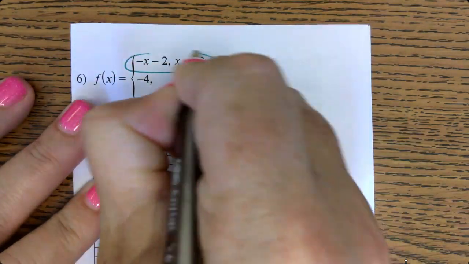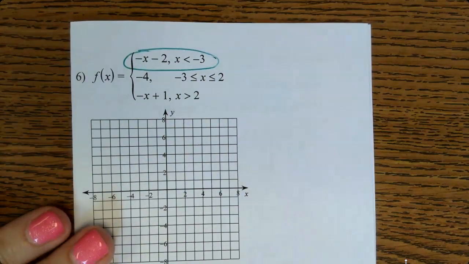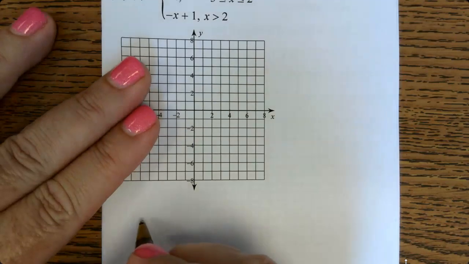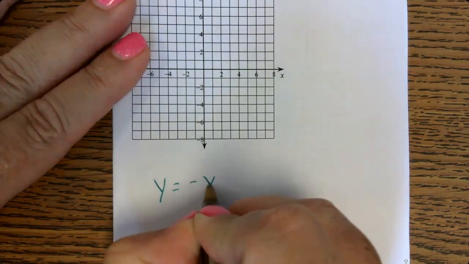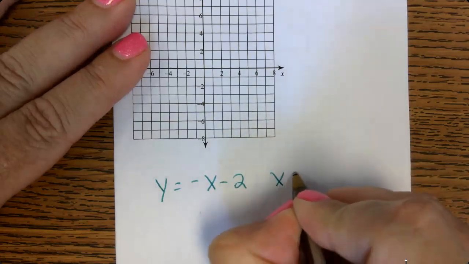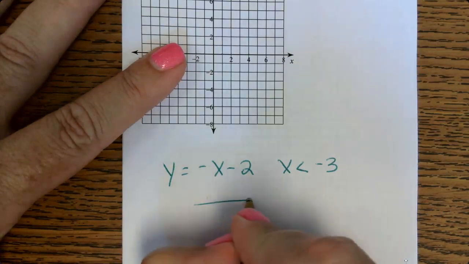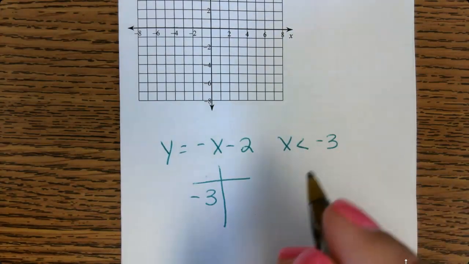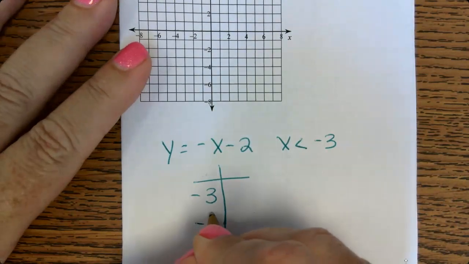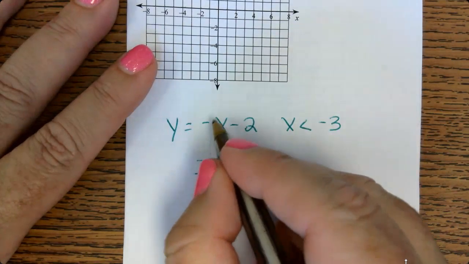I'm going to go ahead and just use the color I have. We're going to do this one in order this time. So we get y equals negative x minus 2, where x is less than negative 3. So we get negative 3, and I need another value less than negative 3. Please be careful of that negative.